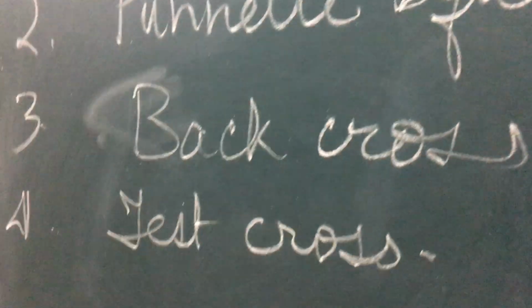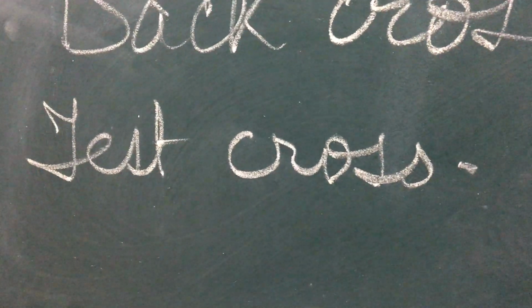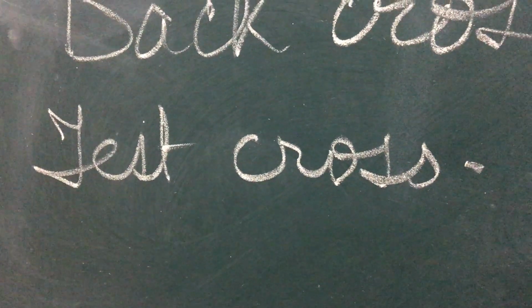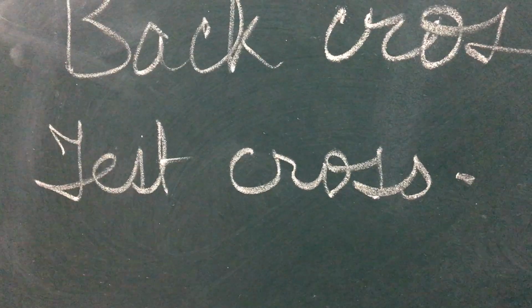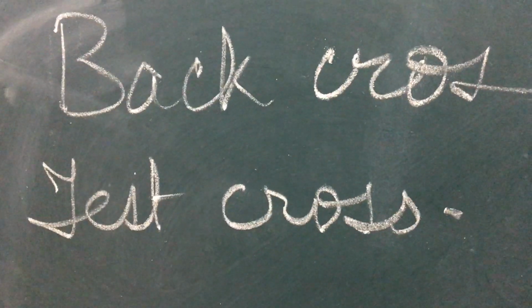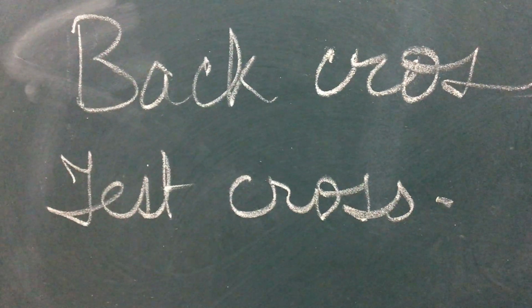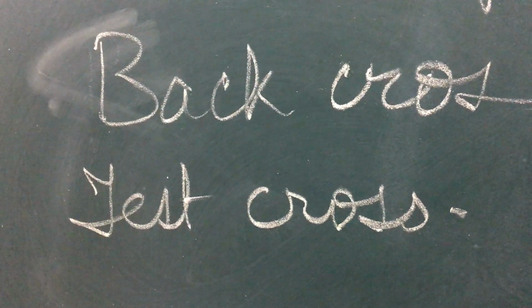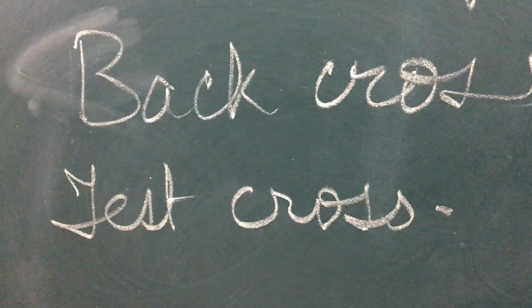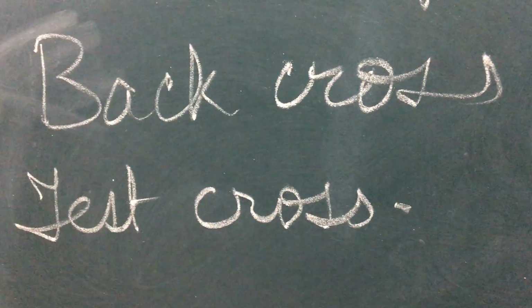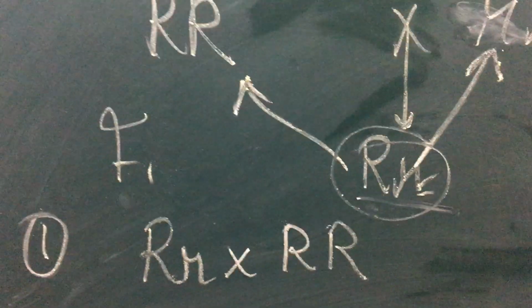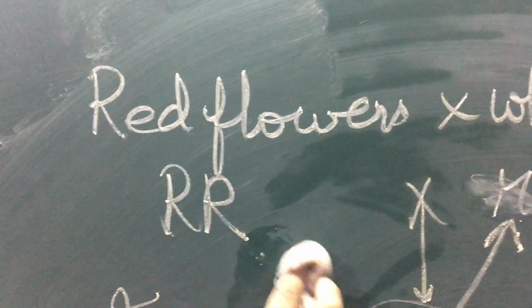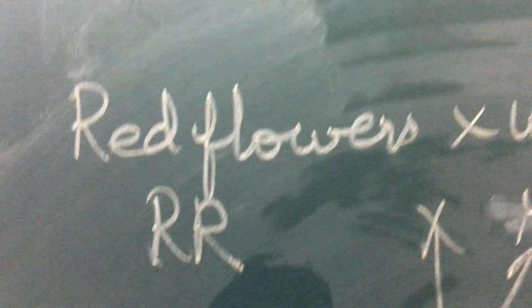Then comes the test cross. Test cross is a special type of back cross. It's a back cross only, which is made between an individual with a dominant trait and its homozygous recessive parent. So in test cross, what is being done? The same thing is repeated. It's a back cross, but only with the recessive parent.